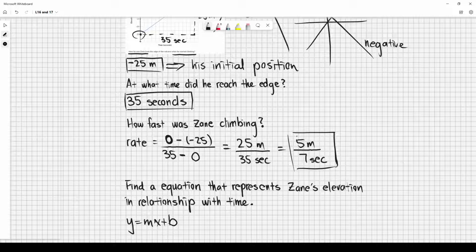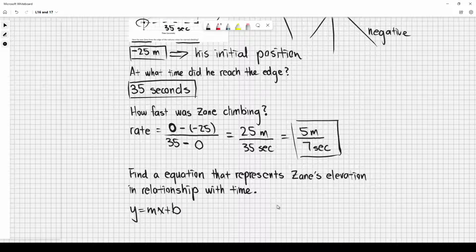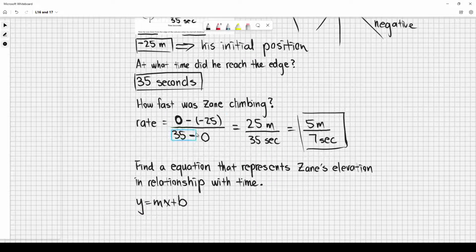And then this here is how fast he's climbing. How fast he's climbing is his rate, and the rate is the slope. The slope is the rate in the word problem. So we actually have all the numbers here. All you got to do is put it together.